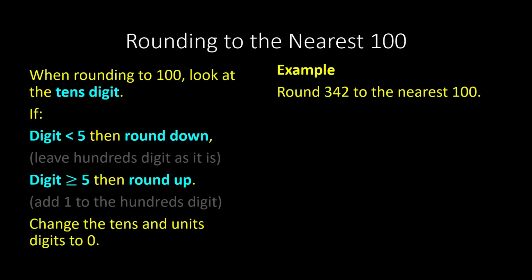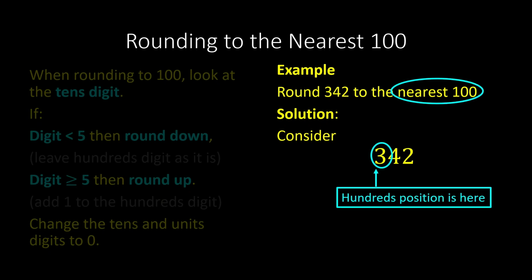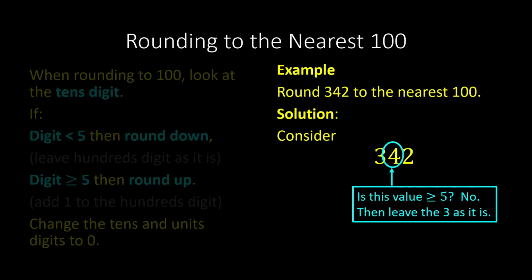We are required to round 342 to the nearest 100. So let's consider 342. Remember, because we're rounding to the nearest 100, which is here, this is the hundreds position, we look to the right of this and examine the tens column.